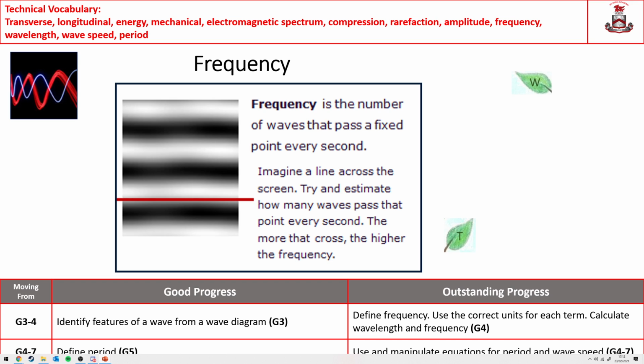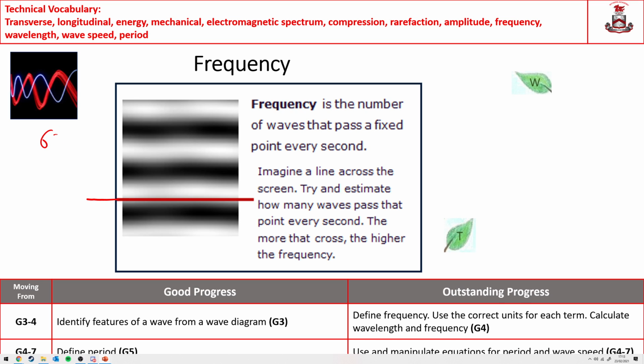Next one, again, this is recap from last lesson when we looked a little bit at the required practical and the water bath with the vibrations on. Ripple tank it's called. Now what you do here, remember, you could calculate how many waves pass this point in 1 second, or you could count how many waves pass in 30 seconds and divide it by that number. So let's say I did it for 60 seconds.